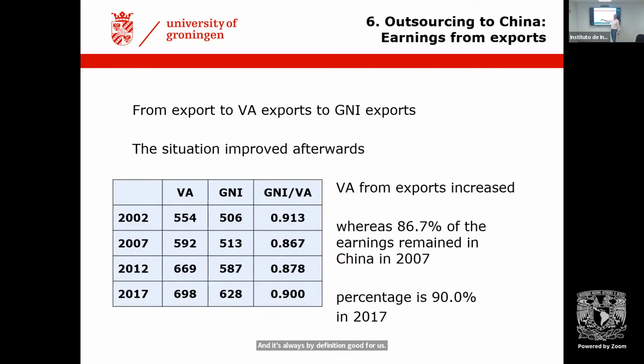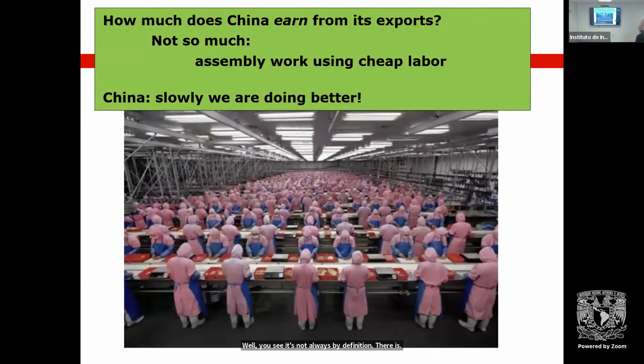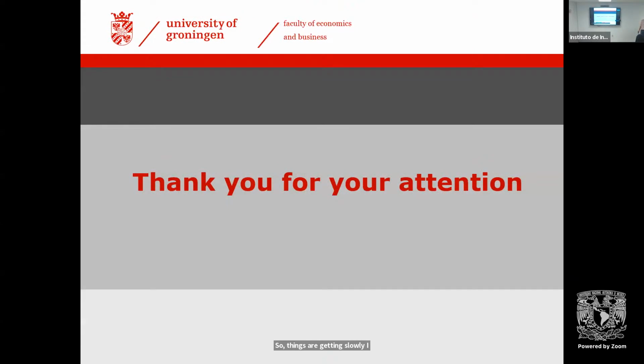Well, you see, it's not always by definition. So there are some second thoughts. So in China, things are getting slowly better. I think that was my last slide. This means that in 2 days, on Wednesday, we start conquering the world.